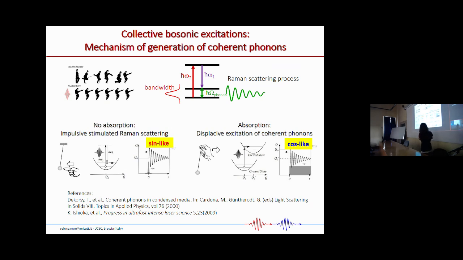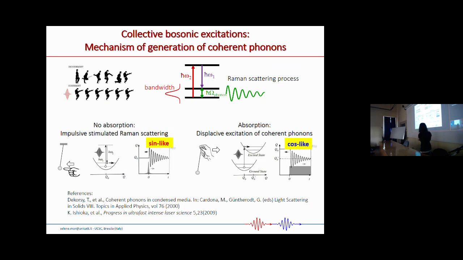You come with a monochromatic, continuous wave, you do a transition, ideally to a virtual state, and then you have stimulated emission of light, and the frequency difference between the impinging light and the stimulated emitted photons should match the frequency of a lattice vibration. As a result, you have Raman scattered light collected and vibration of the atoms.